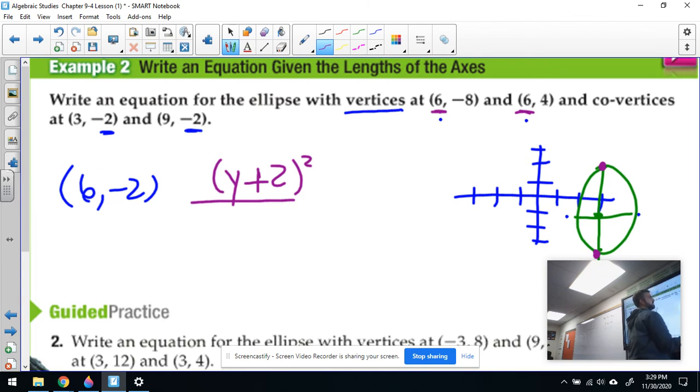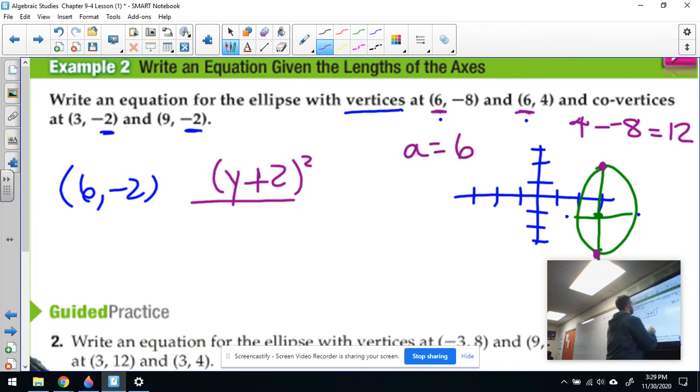We're just going to take 4 minus -8, which ends up being 12. So if the whole major axis is 12, half of it is 6, and so our a value is 6. In our equation, 6 squared is 36.